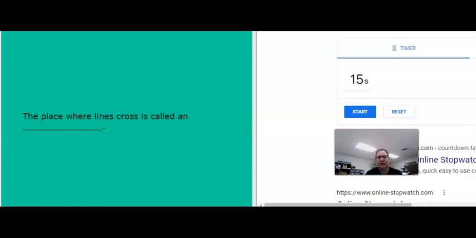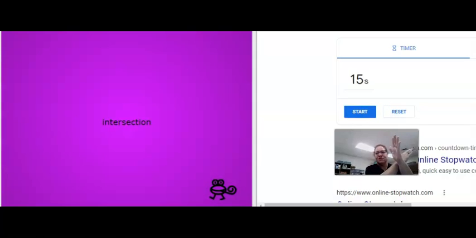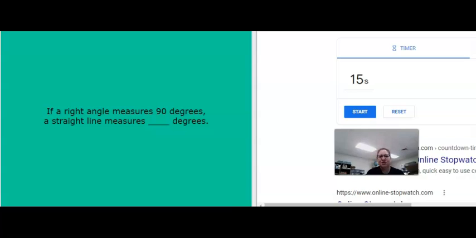The place where lines cross is called an intersection.